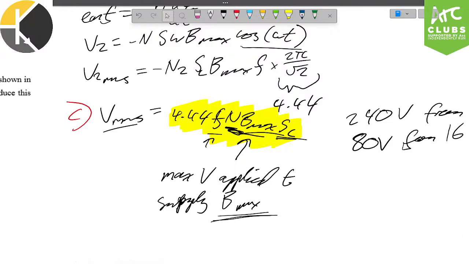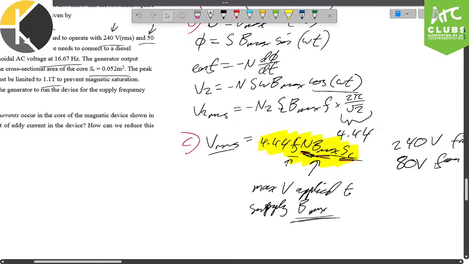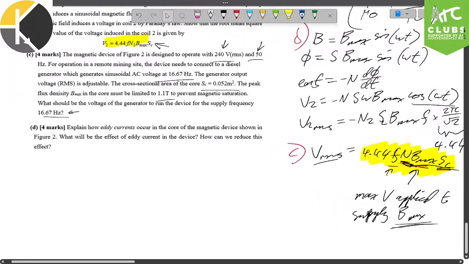We're saturating the core, so all three of these become constants. Your N, that's already constant, it's built in. SC, built in. B max is being kept constant, okay? Because we're assuming that in this operation that it is designed for, it saturates that core, okay?